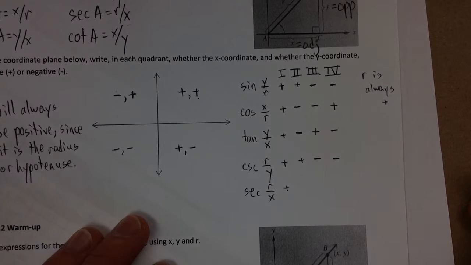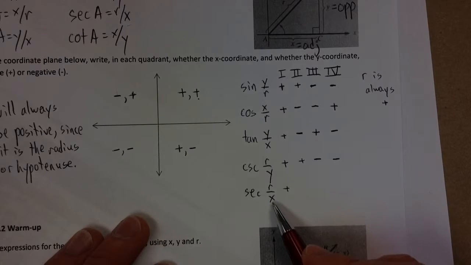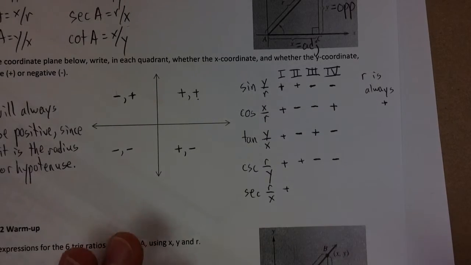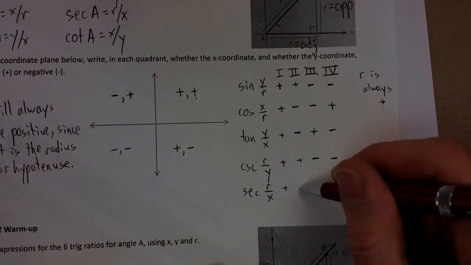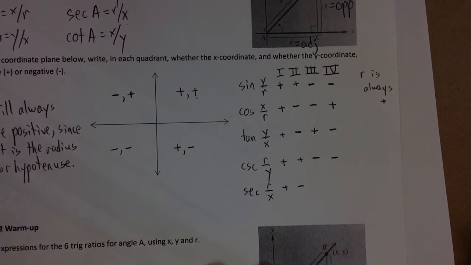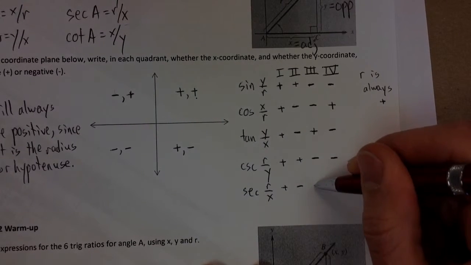Very good. That is definitely a start. So it's positive. Then think about x. In quad 2, is x positive or negative? Oh, it's negative. So you have a positive divided by a negative, which is a negative. Okay. Sam, secant, quad 3. Negative. It is negative. Good.